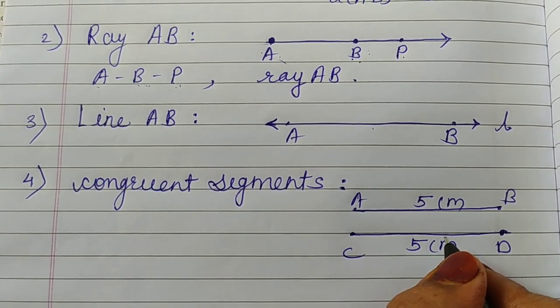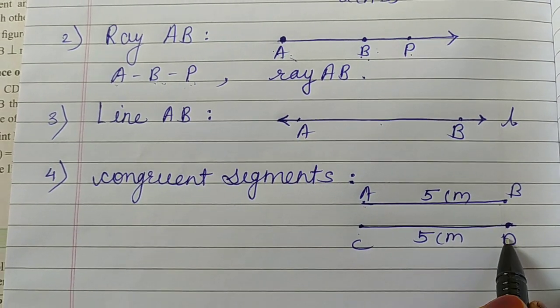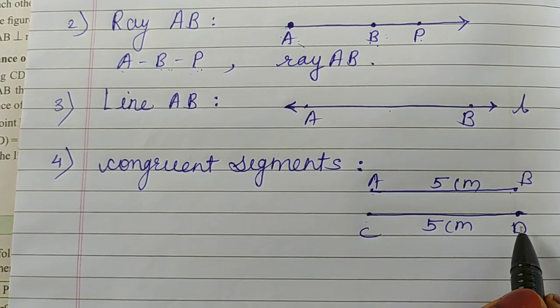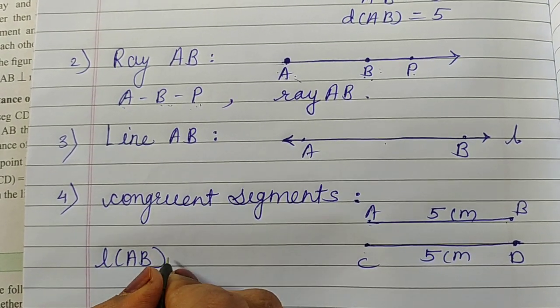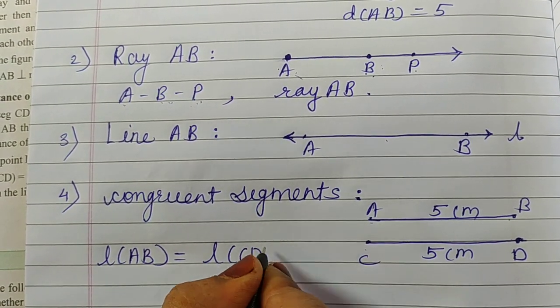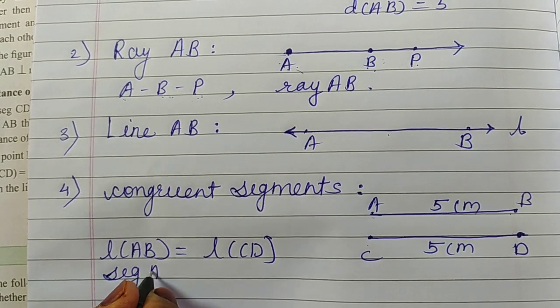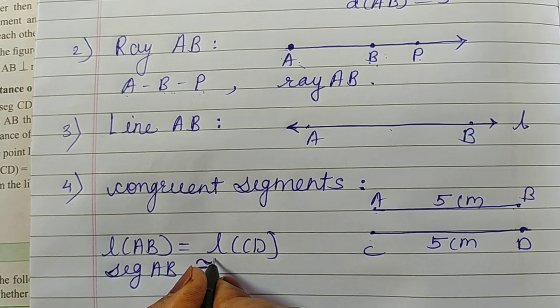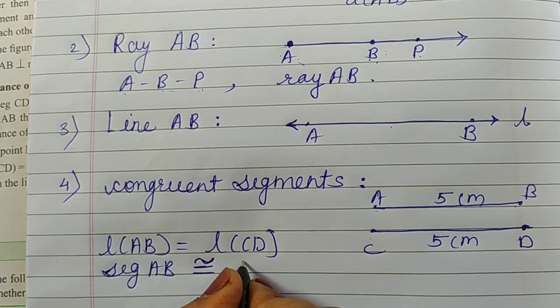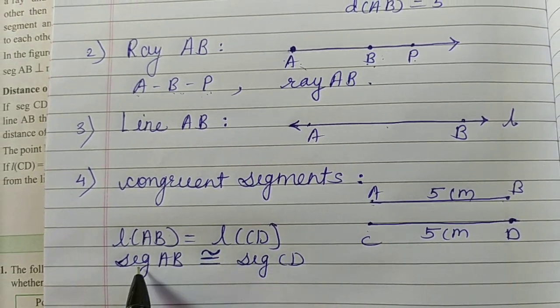So congruent segments means if the length of two segments is equal, then the segments are congruent. You can write length of AB is equal to length of CD. Then you can write segment AB is congruent, this is the symbol of congruent, congruent to segment CD. Means when their lengths are equal, they are congruent.